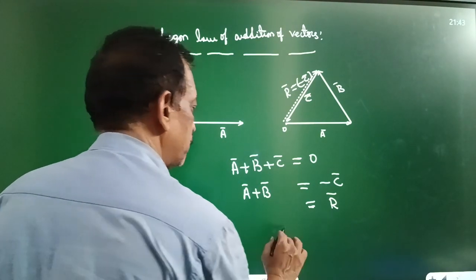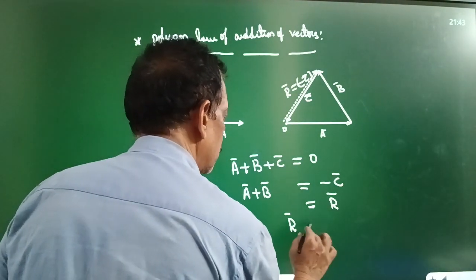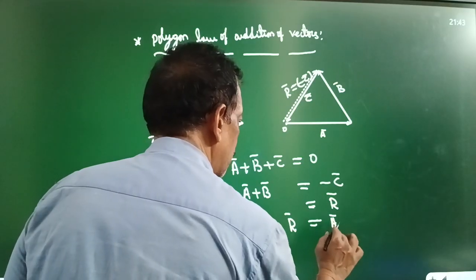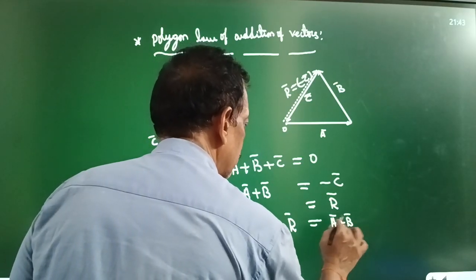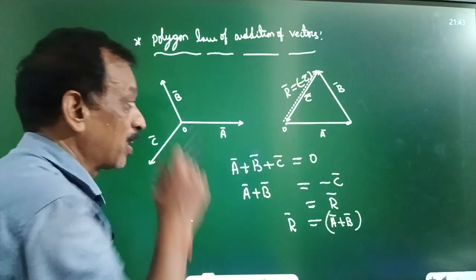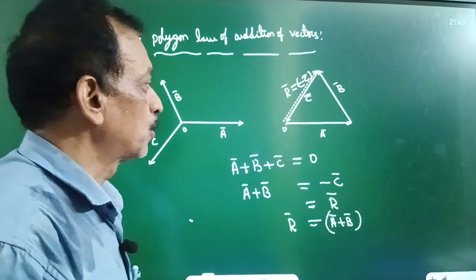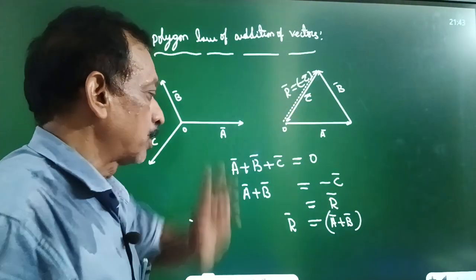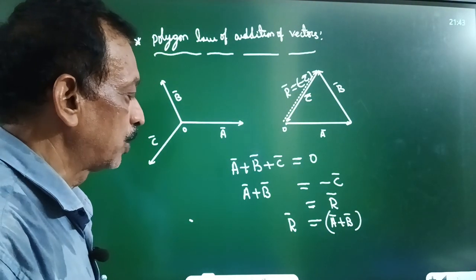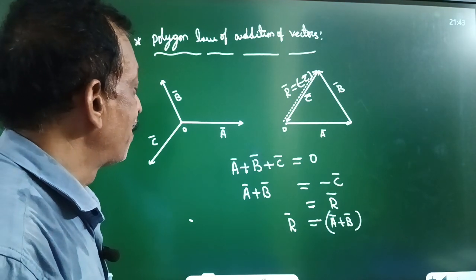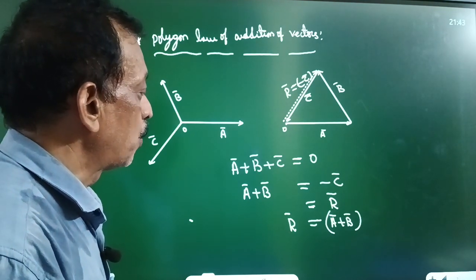It means R vector is equal to A vector plus B vector. So the closing vector is always opposite in direction to the result vector. Understood? This is called polygon law of addition of vectors.